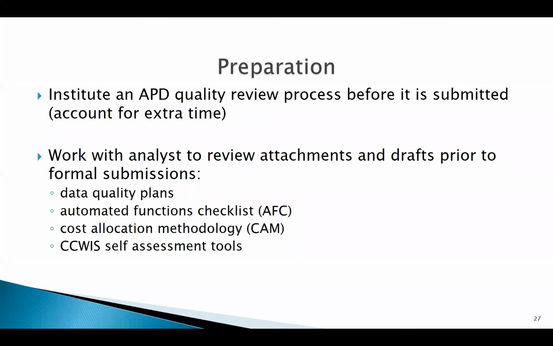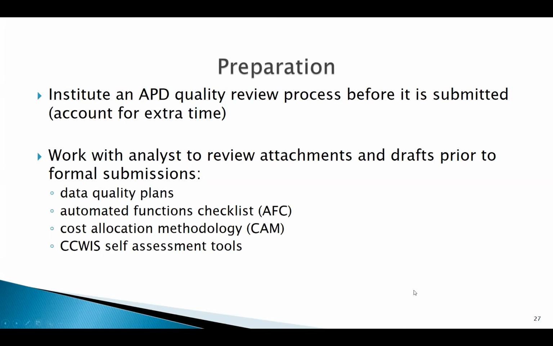Is it just the leaders of the project toward the end, right before it's due, reads it and makes sure it's okay? Or do I have a disciplined QA process that involves multiple reviews of the document? If you have a communications department, maybe you don't, but maybe you have somebody in your organization who's really good with communications, you may want to think about instituting an additional review with a communication person just looking at it.